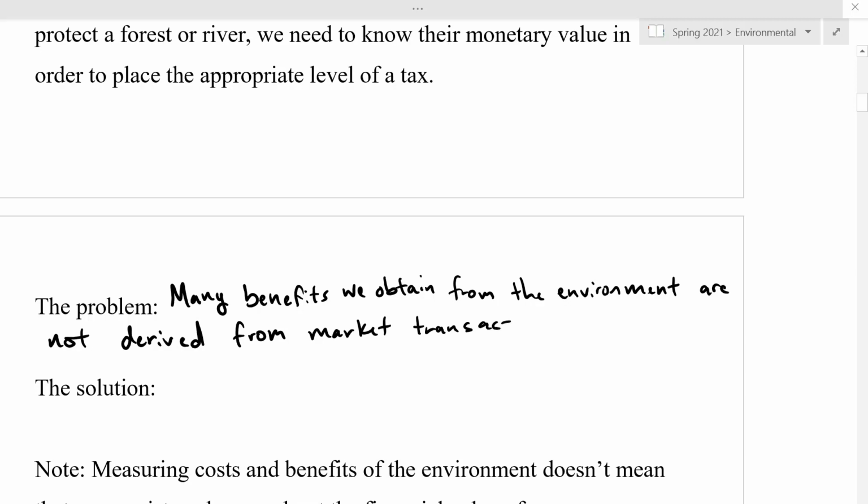So they don't have prices. That's the thing we talked about with public goods and common resources. And so what are we going to do about this?